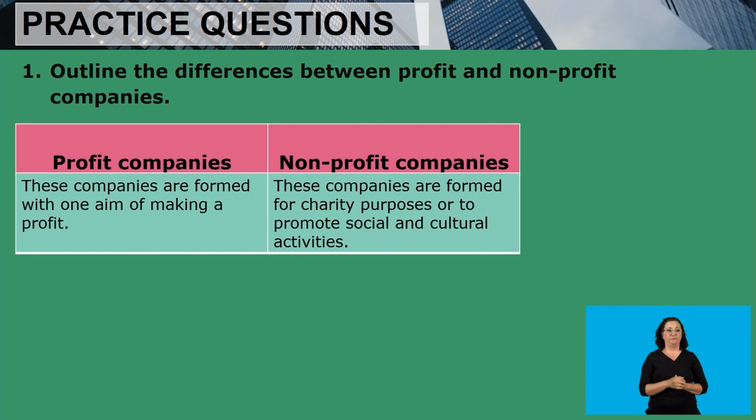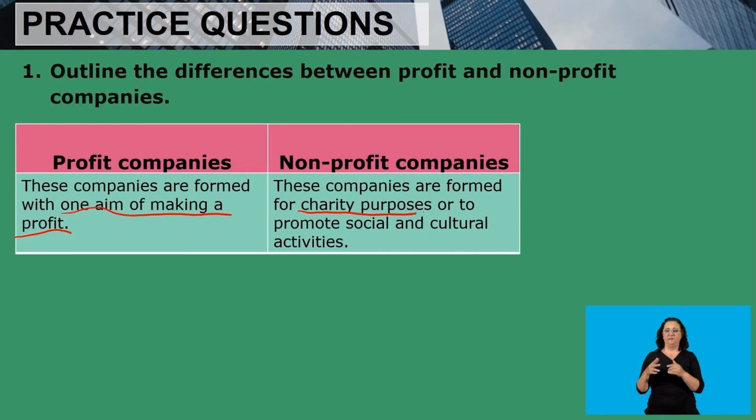Profit companies, these companies are formed with one aim of making a profit. So when these companies are incorporated or started, they are started with one specific aim, which is to generate the profit.